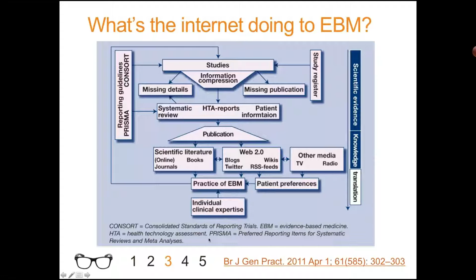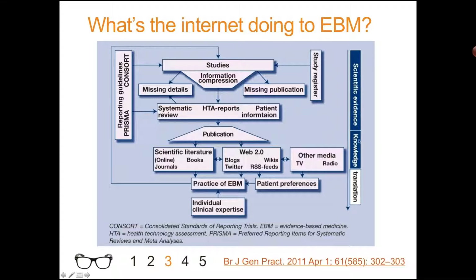So you need to apply your ability to evaluate this information that may not meet the strict criteria needed in that pyramid of evidence-based medicine that I showed you before, which is scientific evidence, which is all about validation and systematic reviews, validity of the data, replicability in randomized controlled trials, and so on.